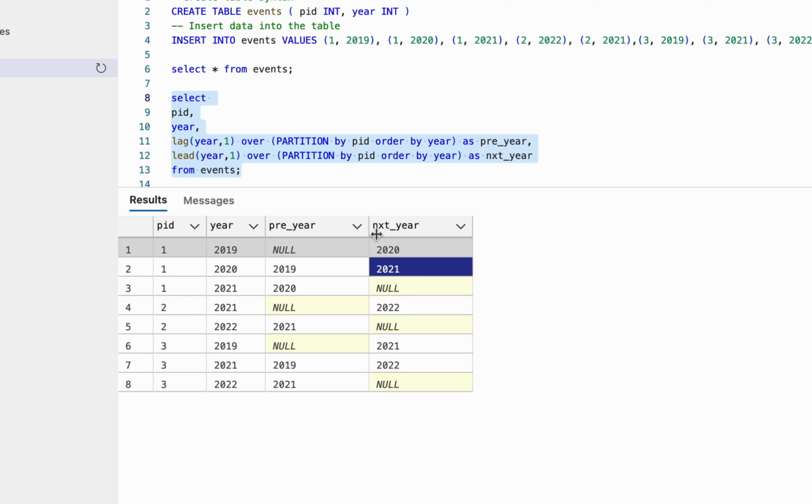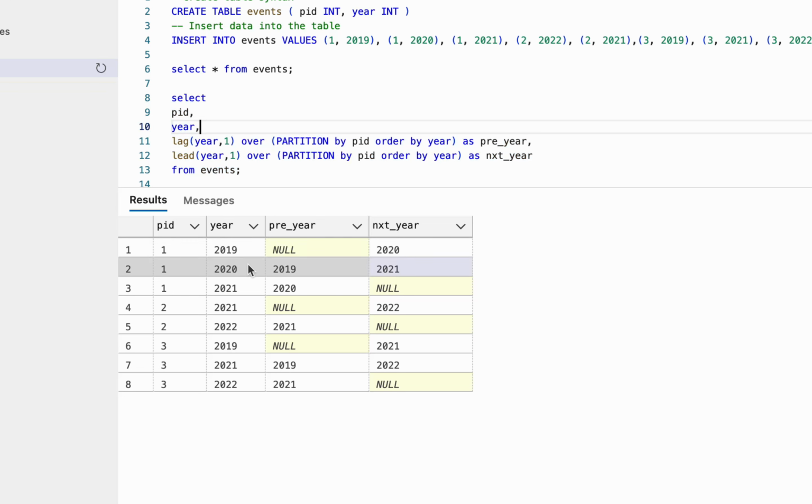Now from this table we can check if the difference between the current year and the previous year is 1, and also the difference between the next year and the current year is 1, then we can say that this is a consecutive year. So let's do this.